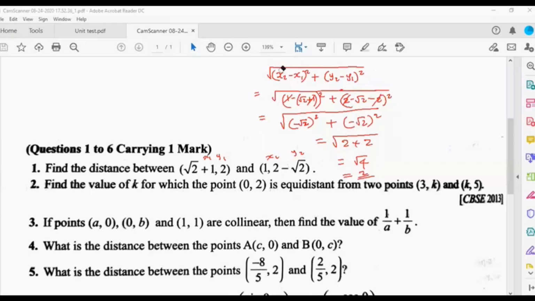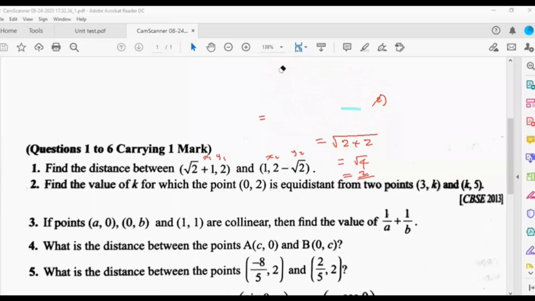Okay. So now we can look at the second question. We have discussed a similar question in the textbook, also in some exercise question. So here (0, 2) is equidistant from the 2 points (3, k) and (k, 5).